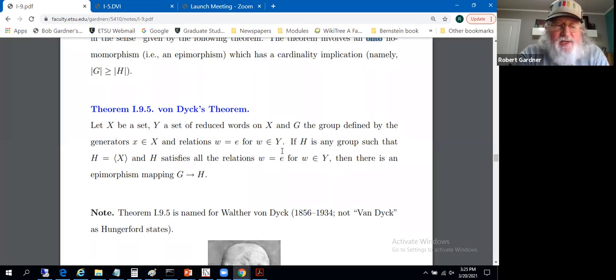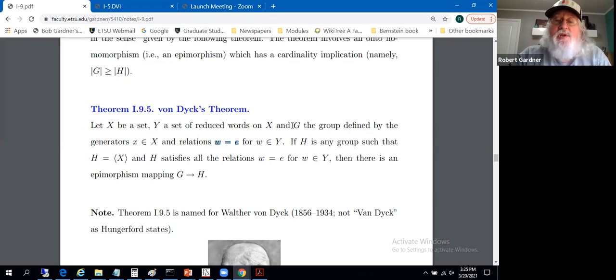We were ultimately interested in relations, but those relations have been presented in the group presentation always of this form: take the elements of set Y and set them equal to the identity. If H is any group such that H is generated by X and H satisfies these relations, then there is an epimorphism mapping G to H.